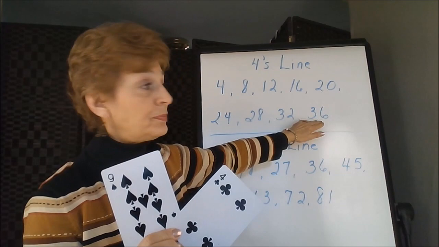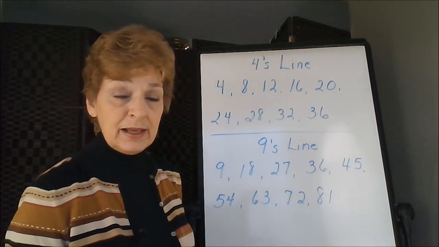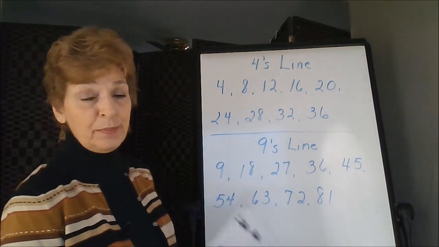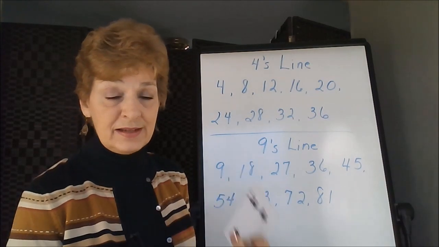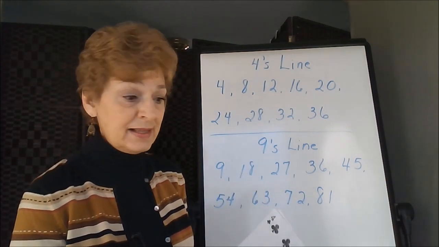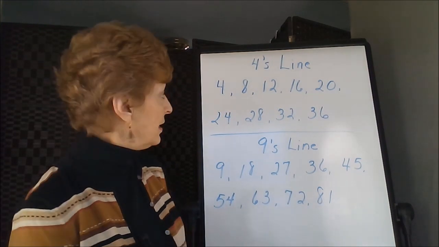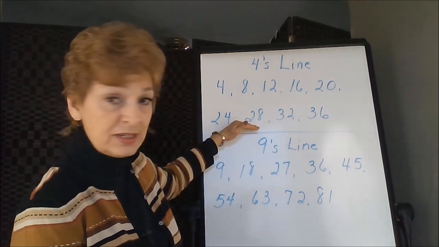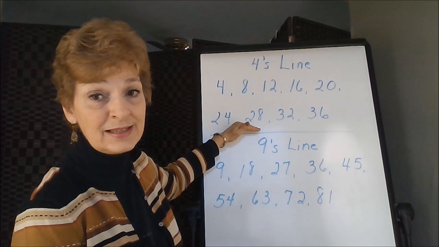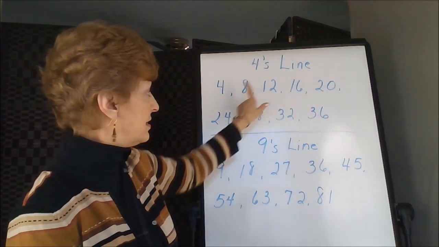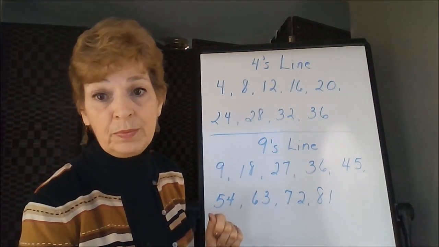So the reverse has happened now as we've studied the doubles, as we've studied the 9's, the 5's, the 2's, and the 7's. So in the 4's line, your child has some understanding of some of these numbers because they're repeated.